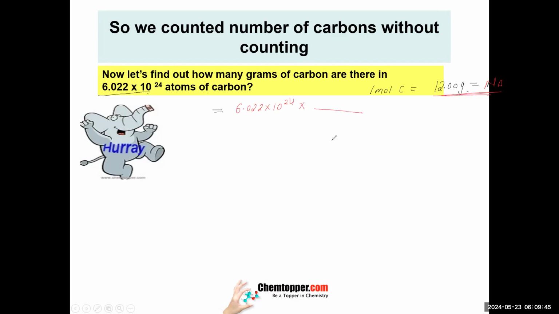This one. Avogadro's number in the denominator, because we want to know the grams of carbon, and 12.00 grams of carbon here. And these are atoms of carbon. These are also atoms.